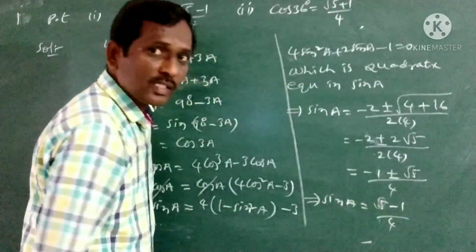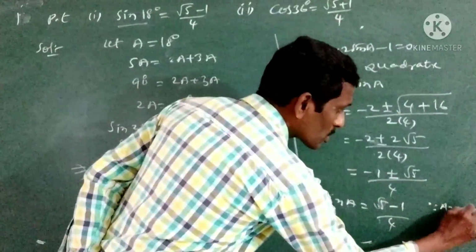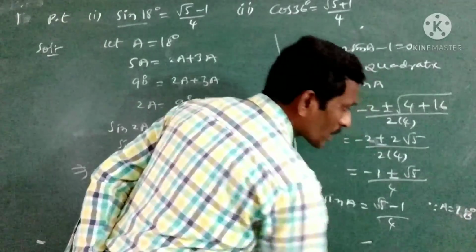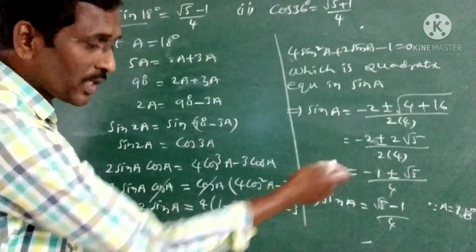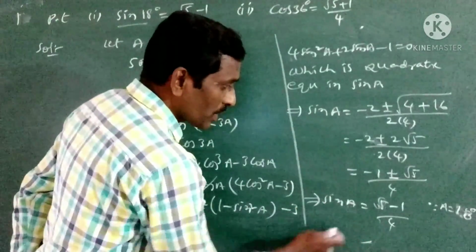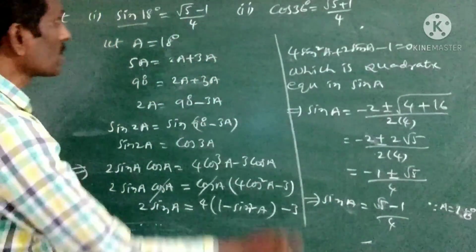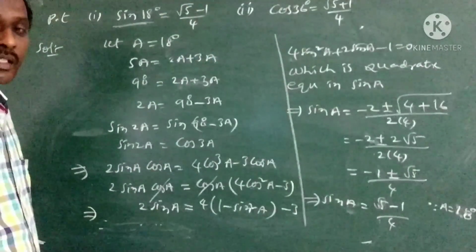If I simplify this, you are getting the positive result only, since A equals 18 is an acute angle. So sin A equals (root 5 minus 1) by 4. What is A? A is 18 degrees. So we can say sin 18 degrees equals (root 5 minus 1) by 4.